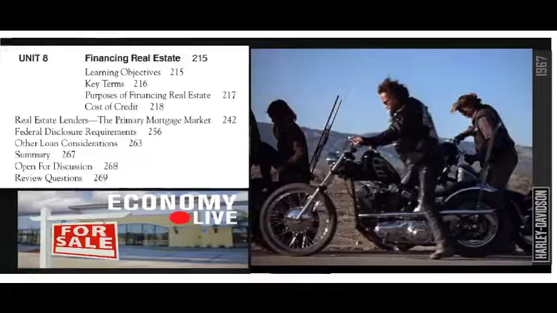Appraisals with FIRREA. The federal government introduced minimum requirements for appraisals, as well as appraiser licensing and certification. As of January 1, 1993, a property appraisal in a federally related transaction, such as a loan insured or guaranteed by a federal agency or a loan sold on the secondary mortgage market, should be performed only by an appraiser licensed or certified by the state in which the property is located, as discussed in Unit 13.